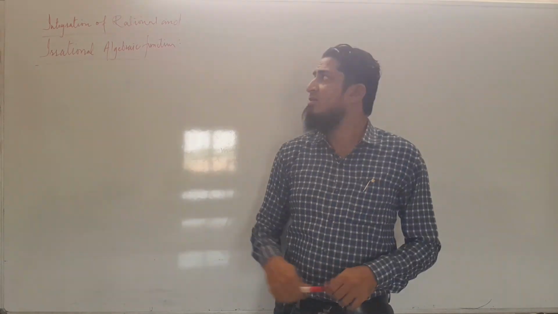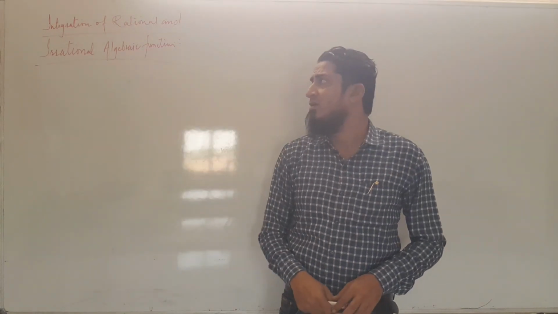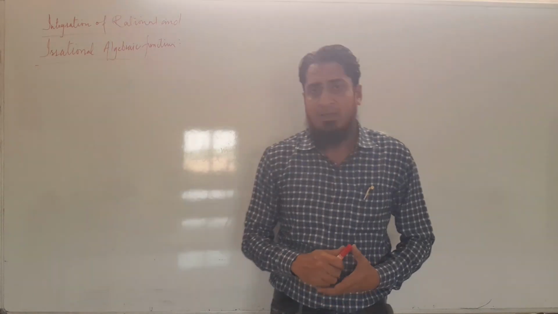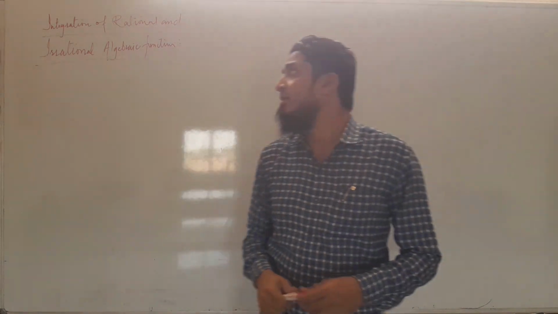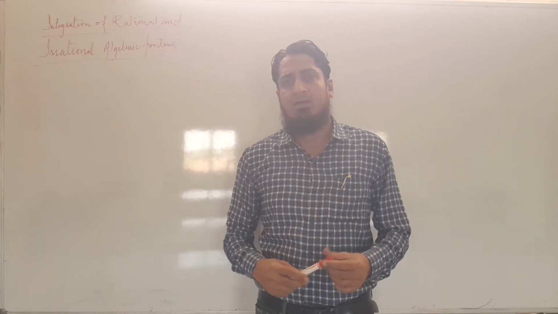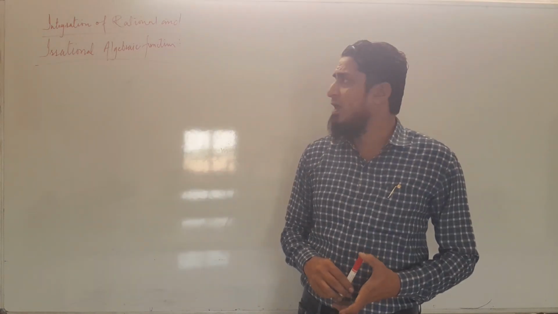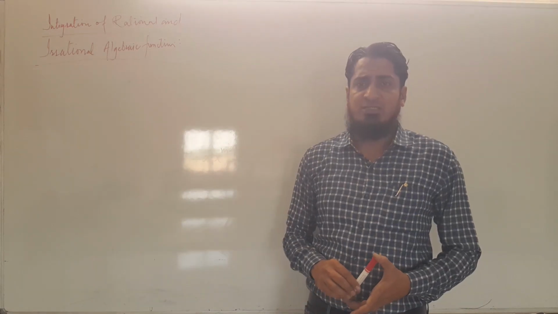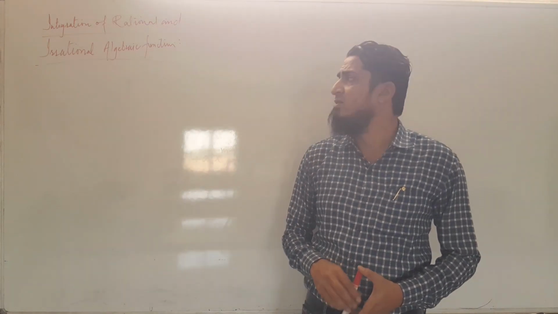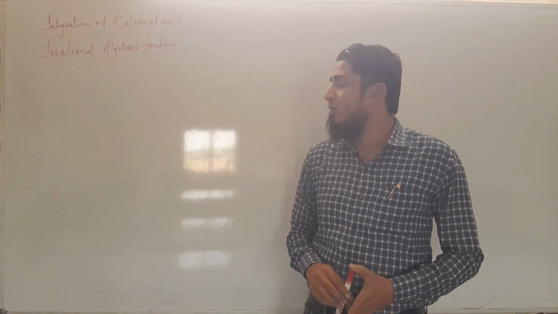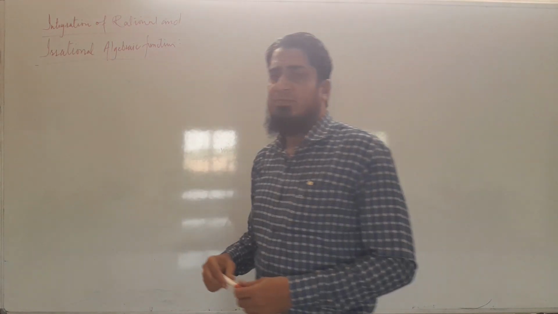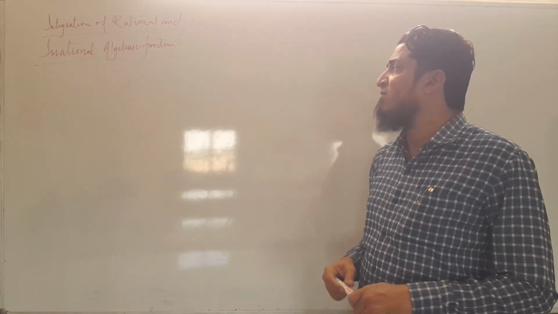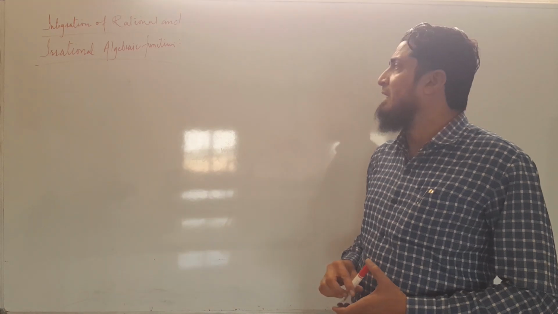As you know, we are studying the integration of rational and irrational algebraic functions. In the previous lecture we saw the definition of a rational function, in which there are two different functions f of x and g of x in the form f of x upon g of x, and both f of x and g of x are polynomials in x.